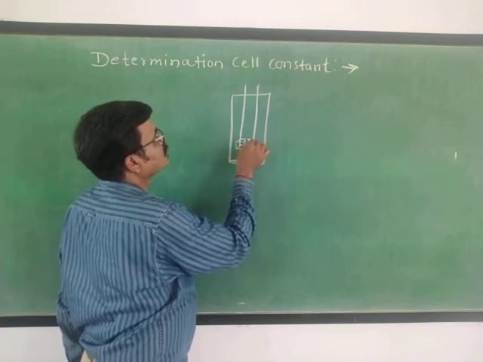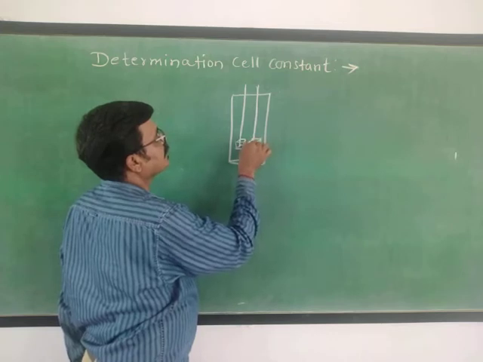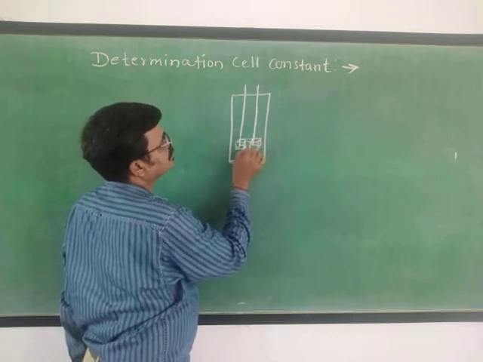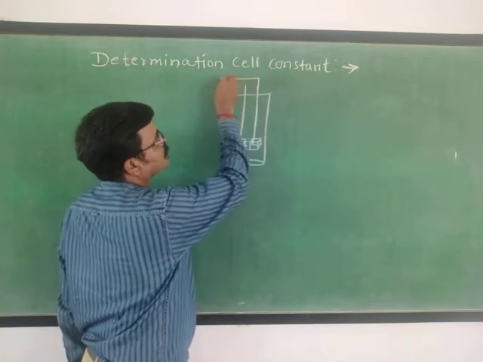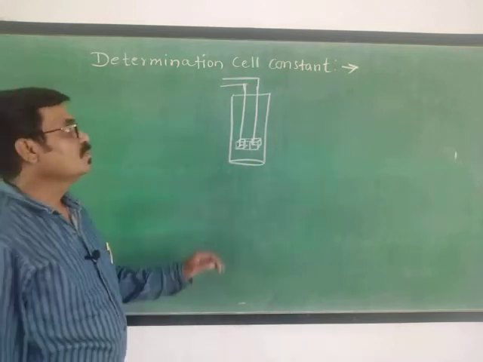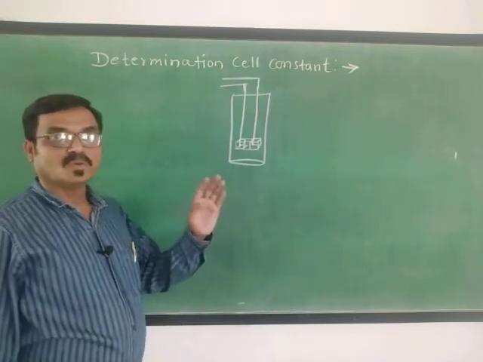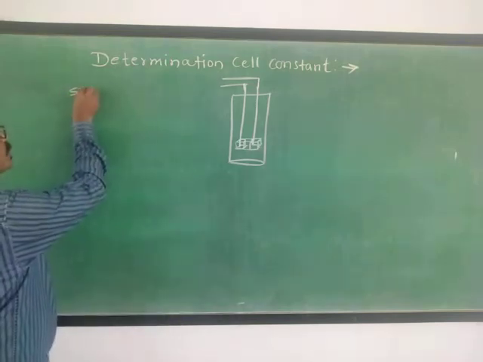These two electrodes are separated by a fixed distance, and they are connected to Wheatstone's AC bridge.